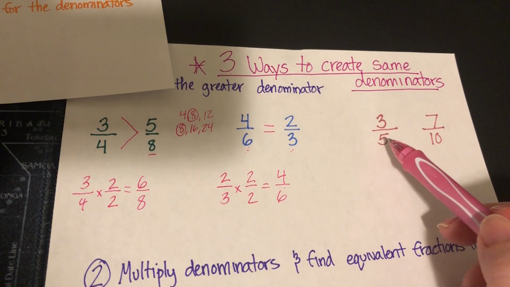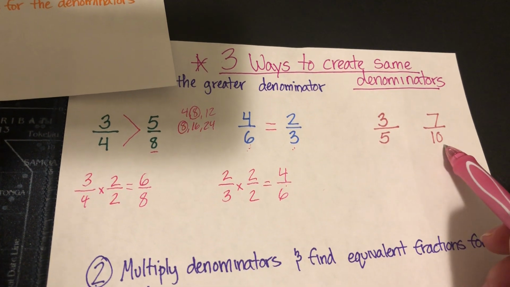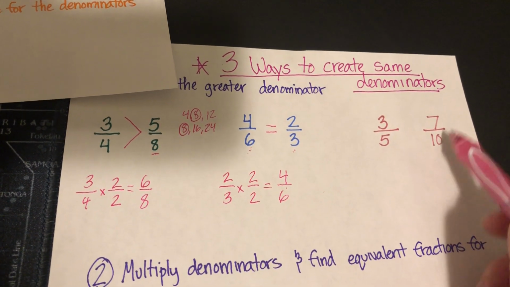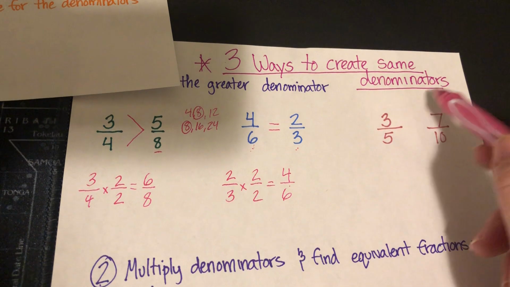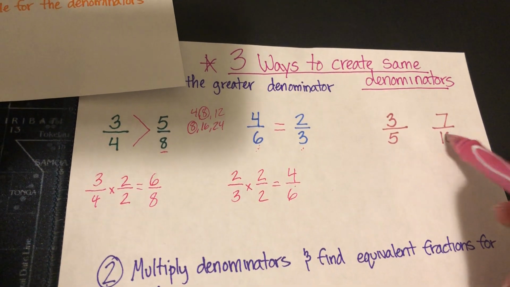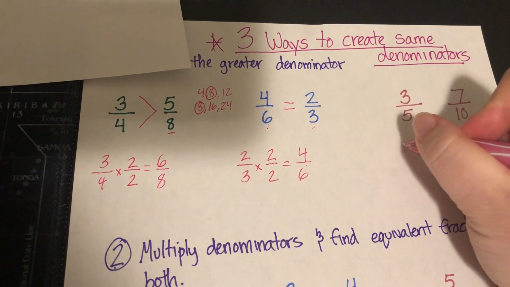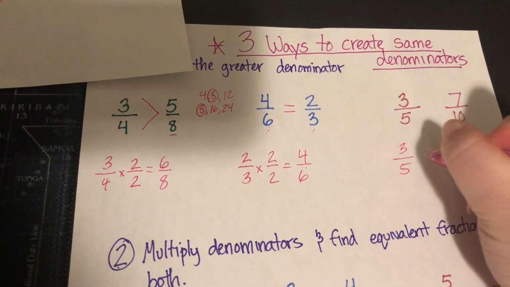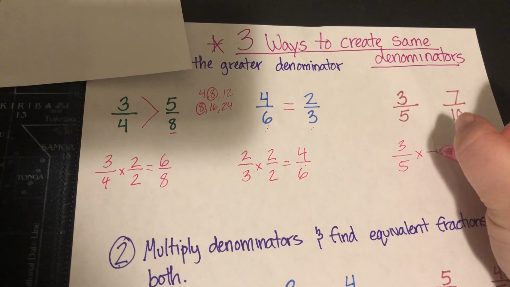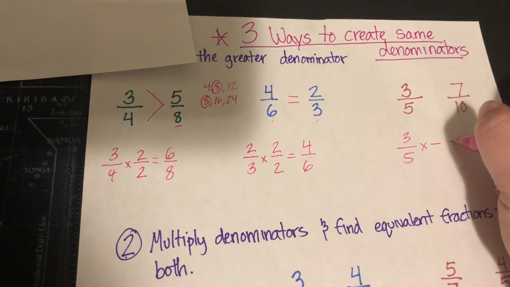I could say 5 times something will give me 10. All right, so I'm going to use 10 as my same denominator for both of them. So I'm going to keep 7/10 the same. I'm just going to change 3/5 so that it has a 10 on the bottom.